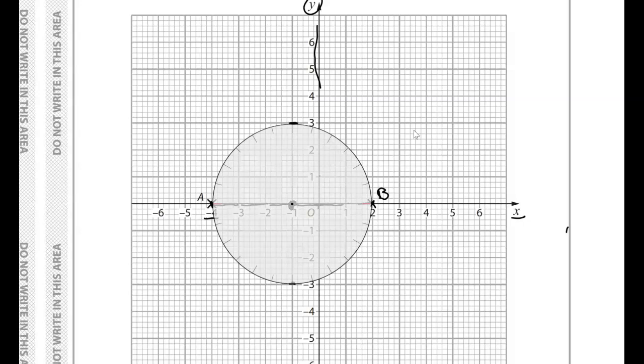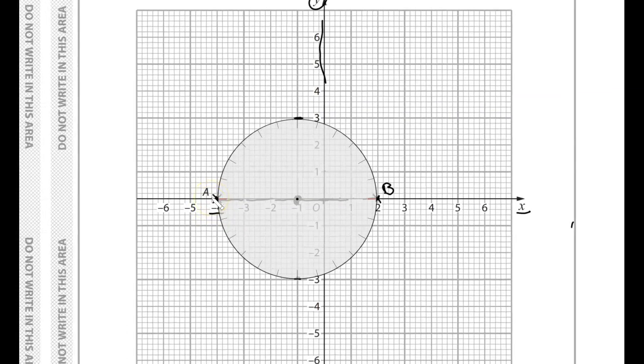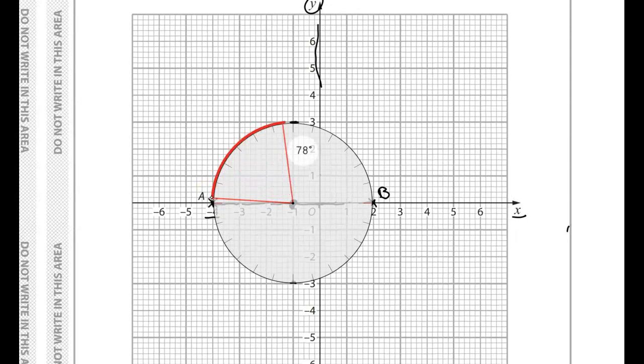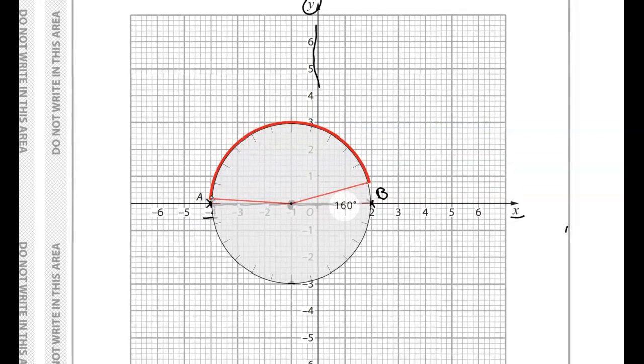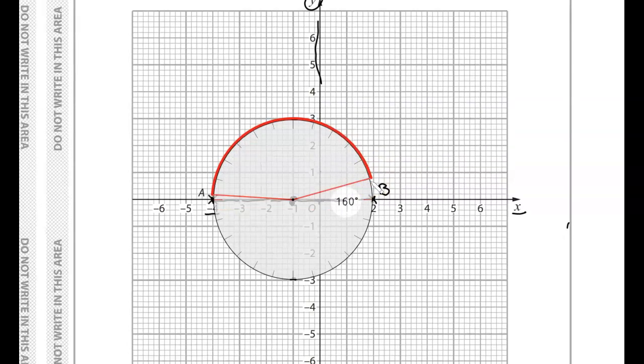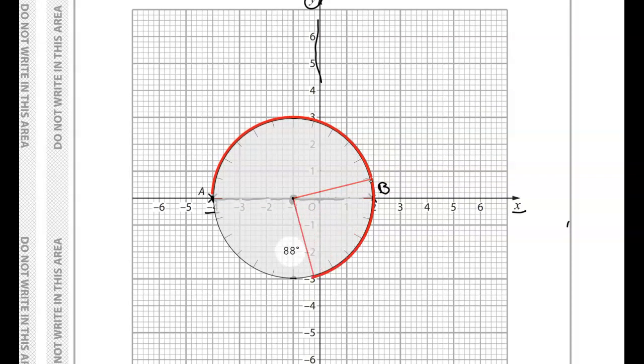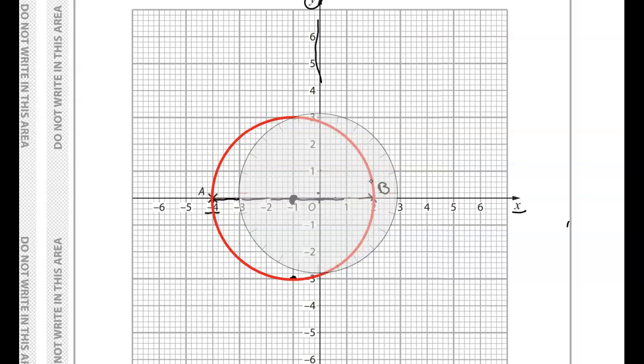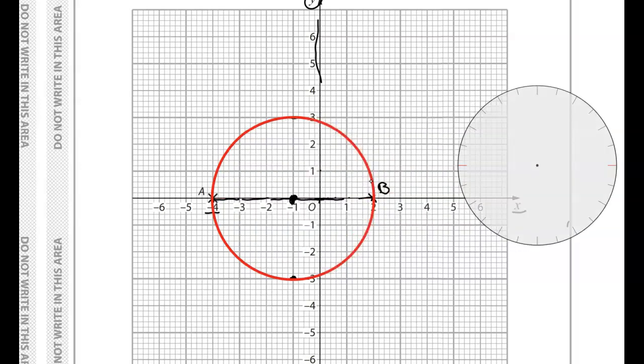There we go. And there we have the circle.